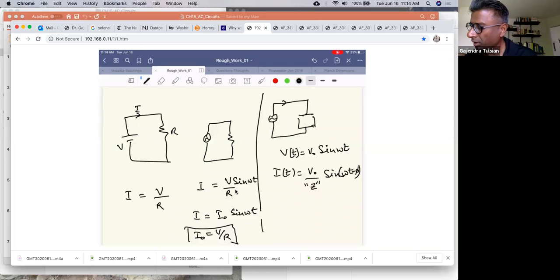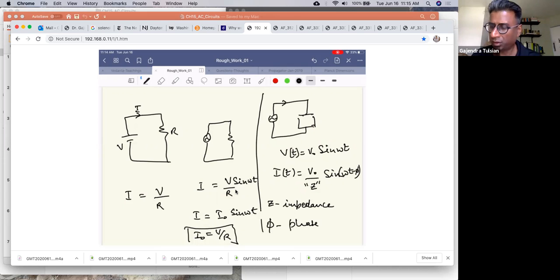Okay, so the generalization of resistance is called impedance. Z is called impedance. So let me write that down. Z is the impedance of the circuit, and that's the generalization of resistance. And phi is the phase shift of the current to the voltage.